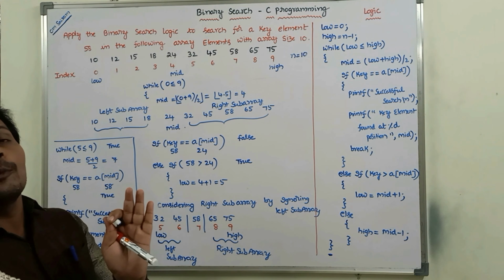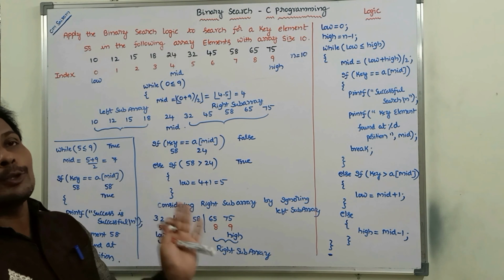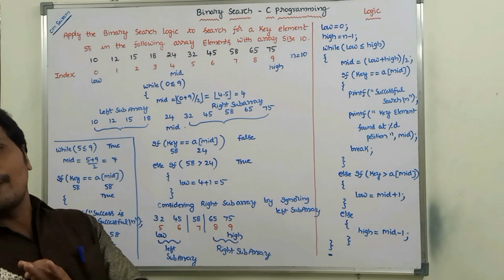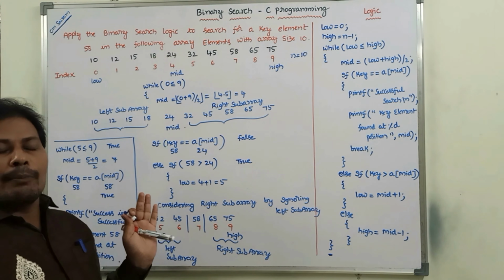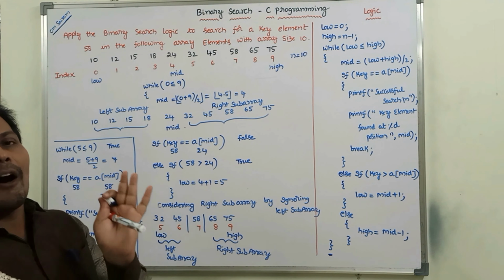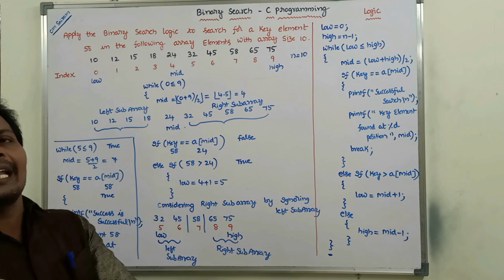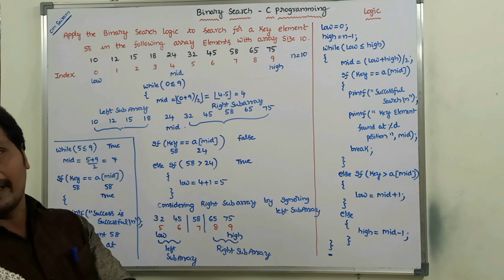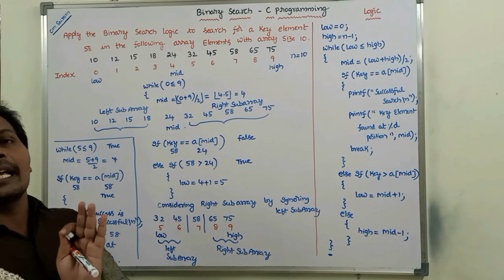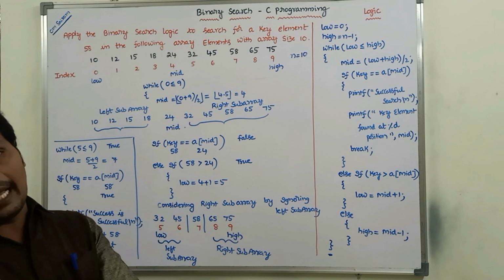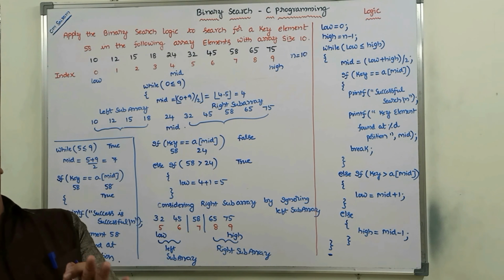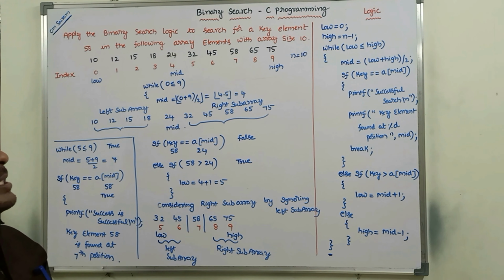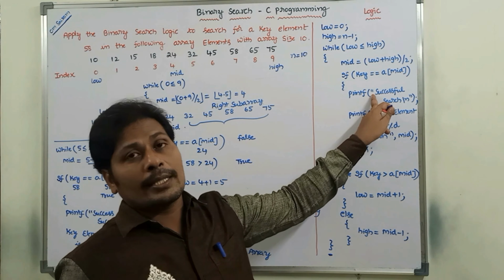The mid value divides the given list into two sub arrays. Before the mid value is the left sub array, and after the mid value is the right sub array. Now the key element is compared with the mid element. If the key element is equal to A of mid, then the search is successful.